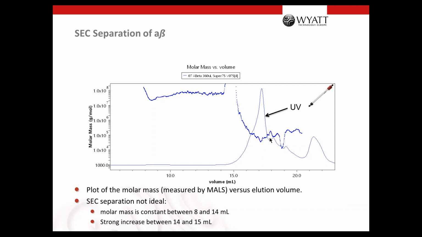It's around 100,000, and then the molar mass goes up very rapidly, and also between 14 milliliter and 8 milliliter we have a constant molar mass. That means in this region we do not have any separation.